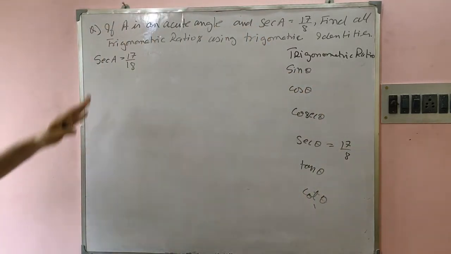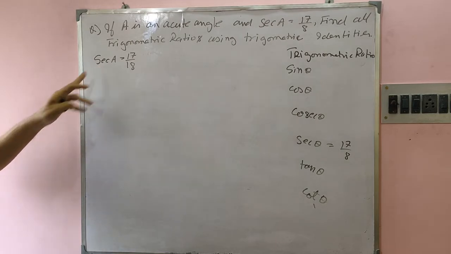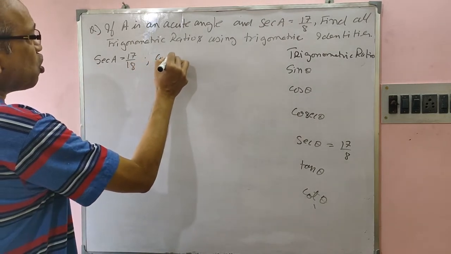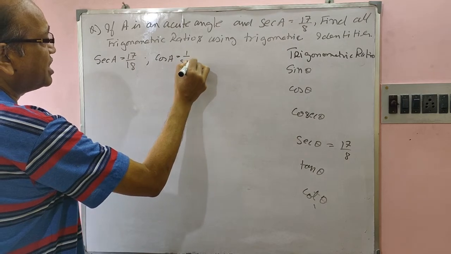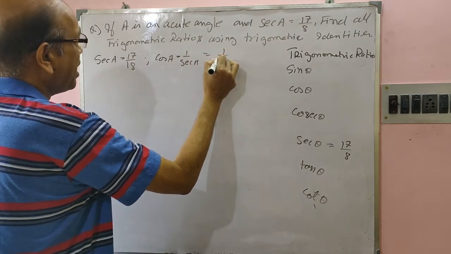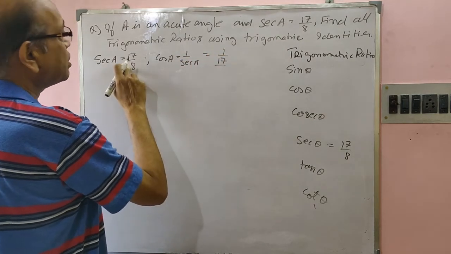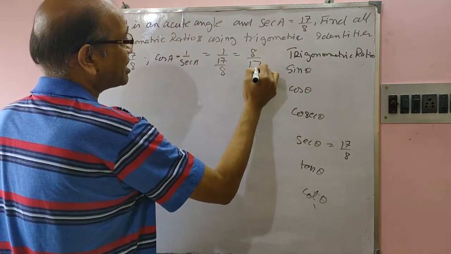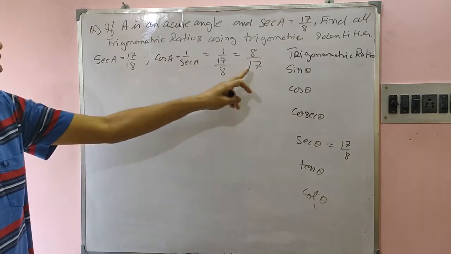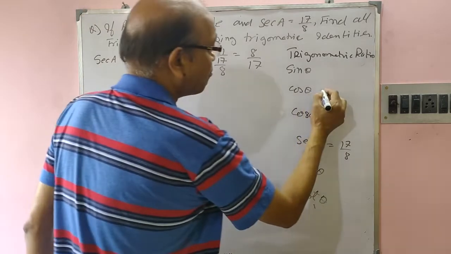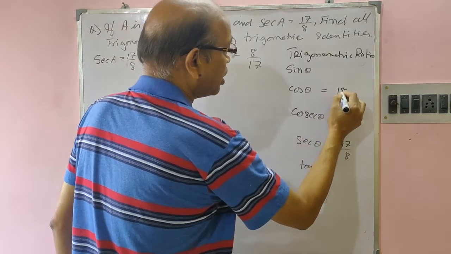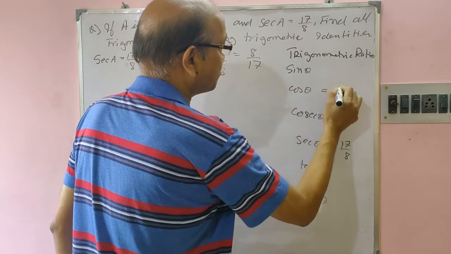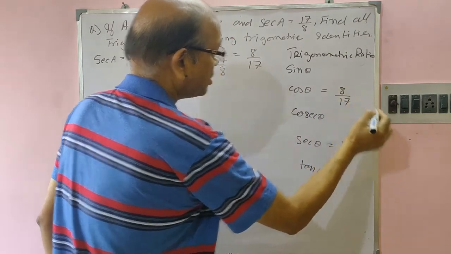Next, I know what is cos A. Cos A is equals to 1 by secant A, which is equals to 1 by 17 by 8, which is equals to 8 by 17. Therefore, cos theta is 8 by 17.